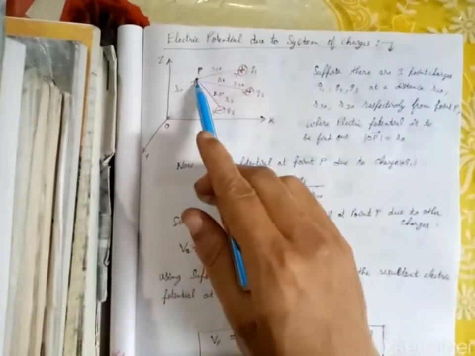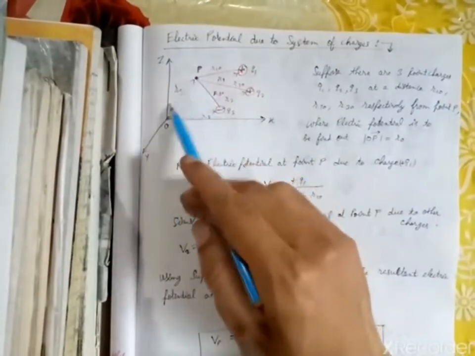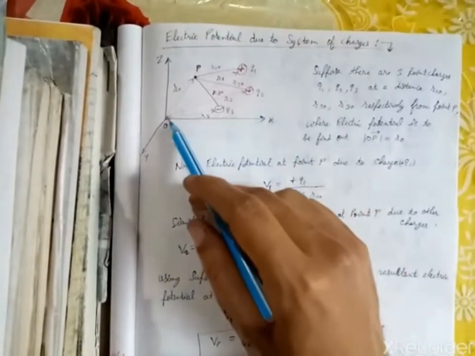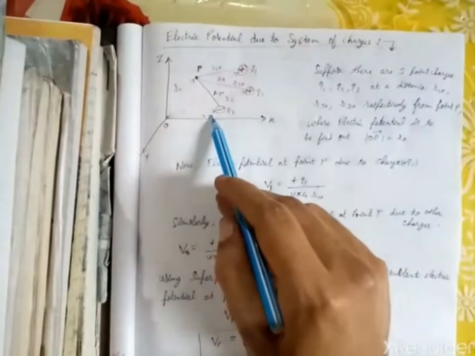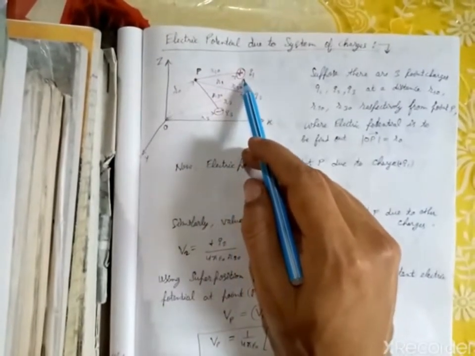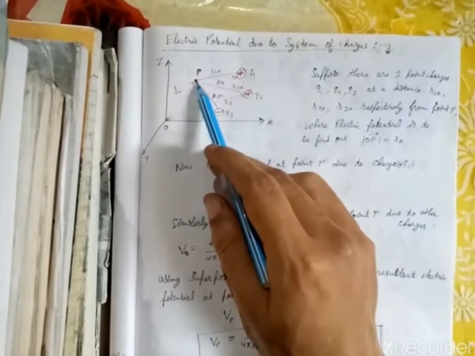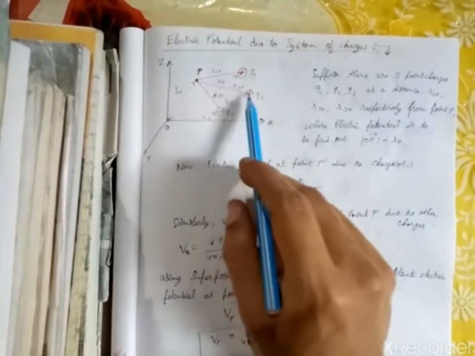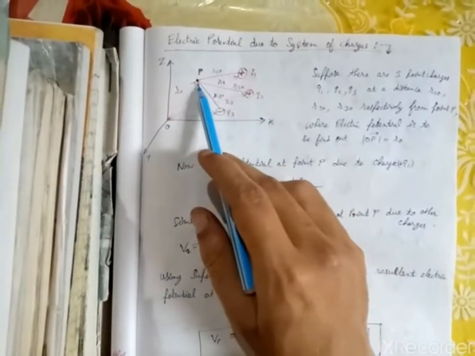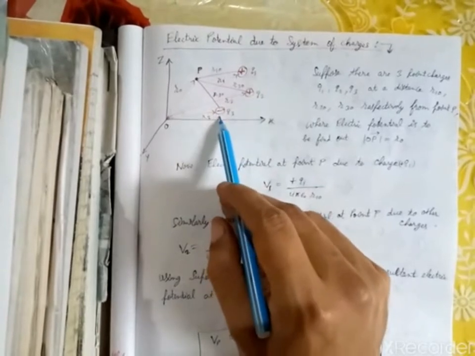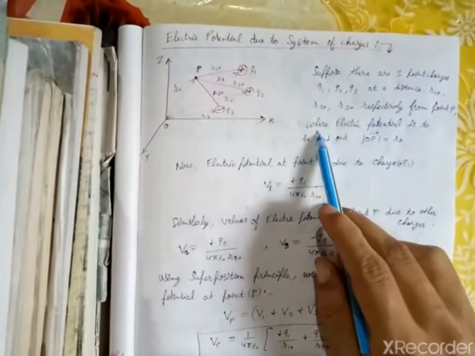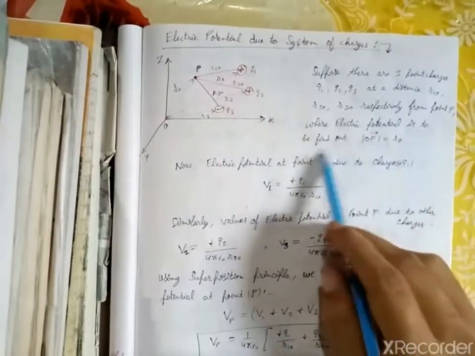Here we have taken point P whose position vector is r0, and there are 3 point charges q1, q2 and q3 having position vectors r1, r2 and r3 respectively. The distance of point charge q1 from point P is r10, from q2 it is r20, and from q3 it is r30, where the electric potential is to be found.